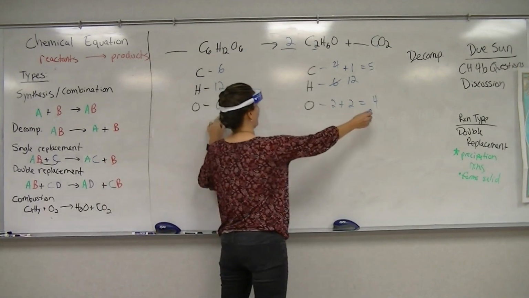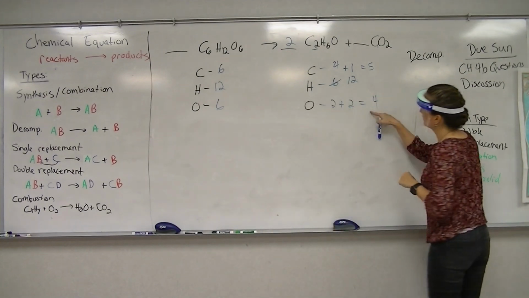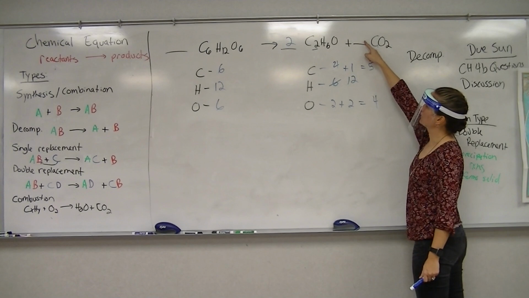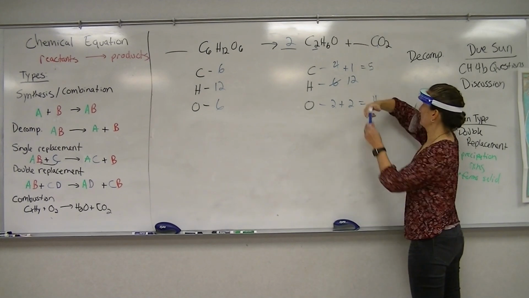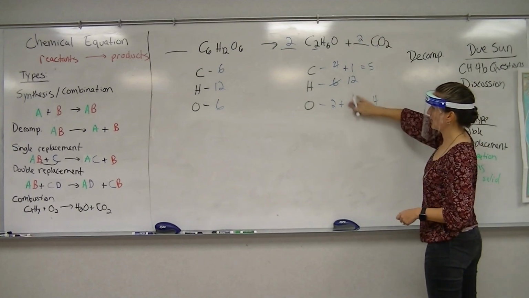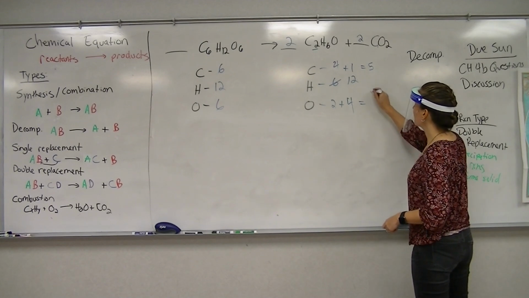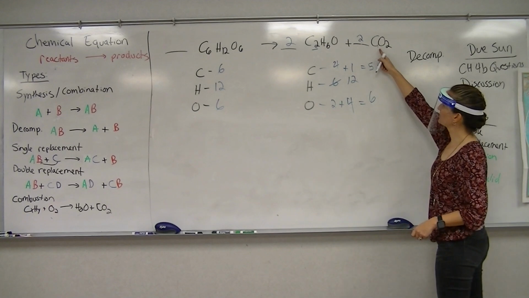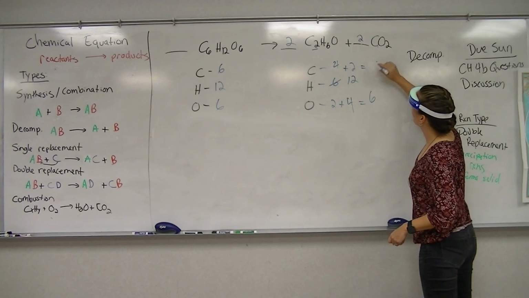But if I wanted 6 over here, let's change this oxygen, what number could I put there? 2, because 2 times 2 is 4, and I'm just changing this one, so that would be a total of 6. But I changed my carbons as well, right? 2 times 1 is 2. And then now it's balanced.